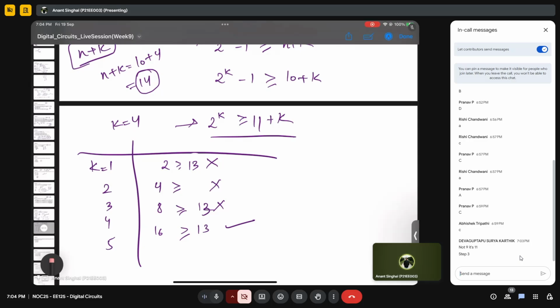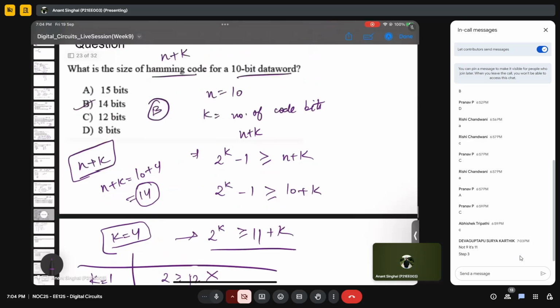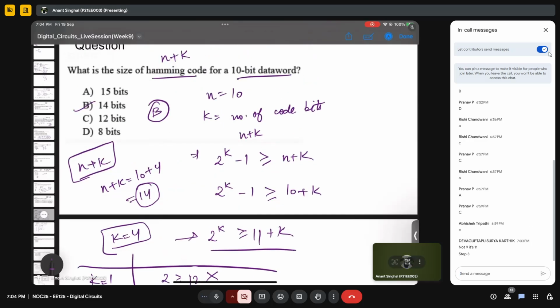So k is 2, so this will be 13. K is 1, so this will be 12. K is 3, so this will be 14. K is 4, so yes, the answer is still correct because k is still coming out to be 4. Sorry for that. So the answer would be 14 bits.